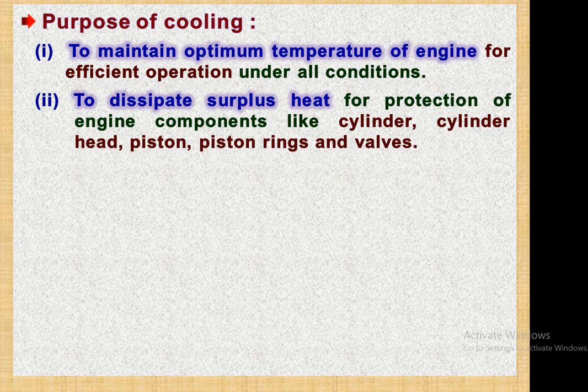So certain parts that are in close contact with this heat of combustion are the cylinder head, piston rings and valves, and these parts may get damaged due to surplus heat added in each and every cycle of the engine system. So we must dissipate or remove surplus heat from the engine.